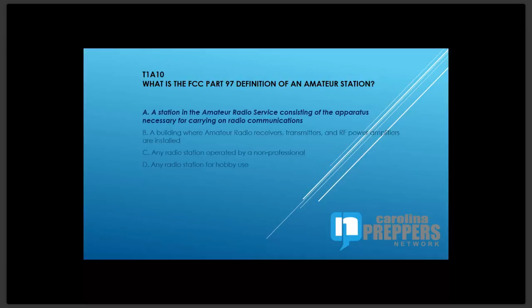Sometimes when you look at these multiple choice questions, you can eliminate some of them, and some of them could be the choice, and you're going for the best one, the one that most fully encompasses the question itself. So, the definition of an amateur station.